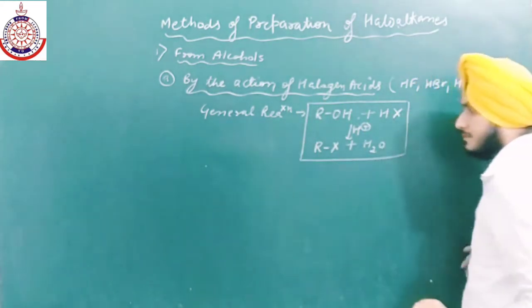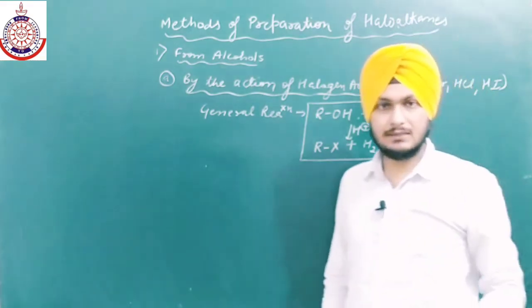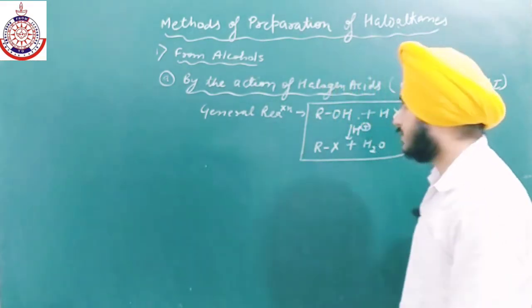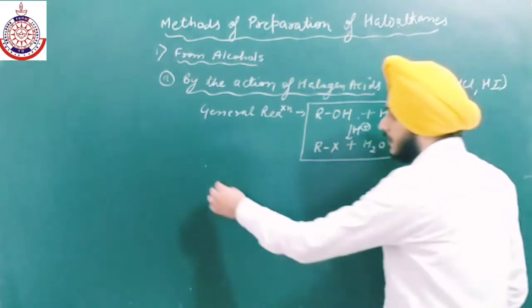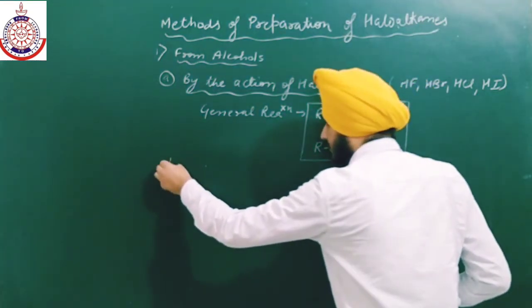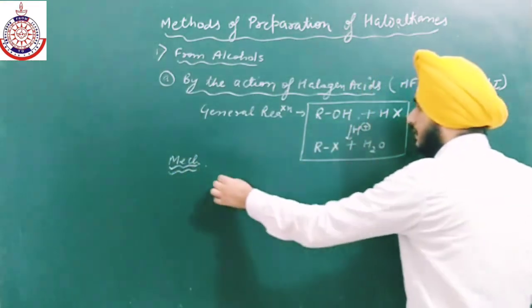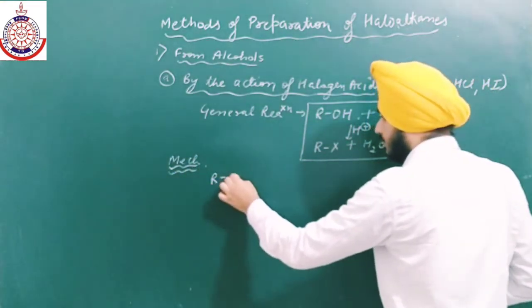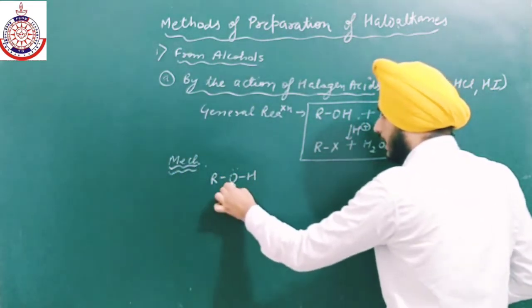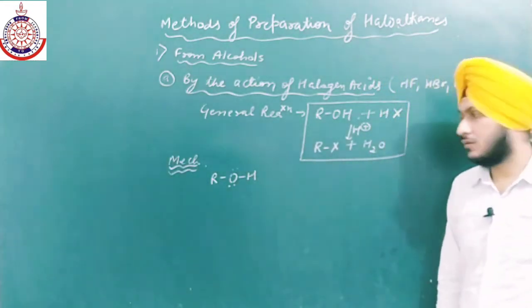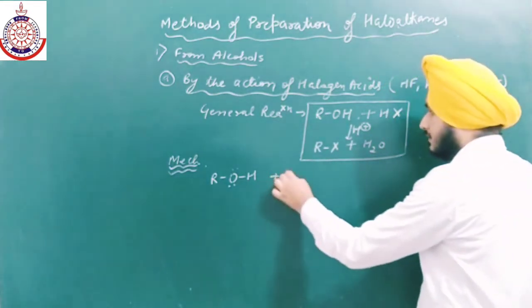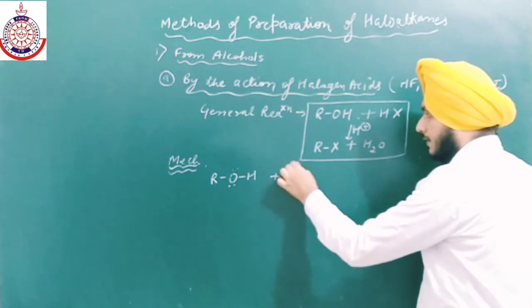Now, what is the mechanism? Now we will discuss the mechanism also. Firstly, the hydrogen, the proton from the acid, reacts with alcohol.